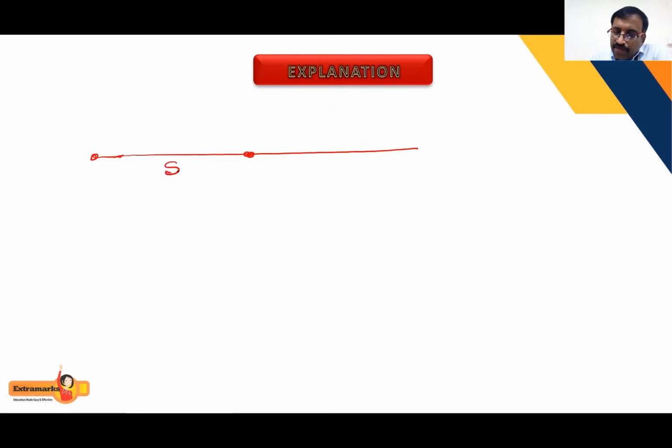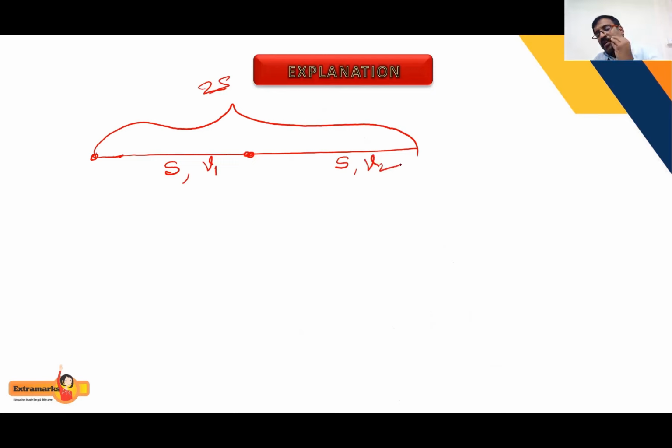For a better solution, let me take S. Means total distance I am taking as 2S. The first half distance is S, the second half distance is S. It was traveled with a speed of v1 and then with a speed of v2.